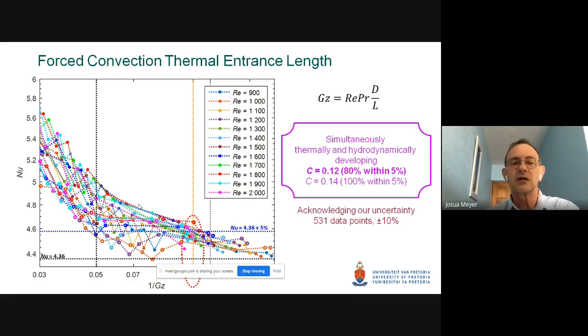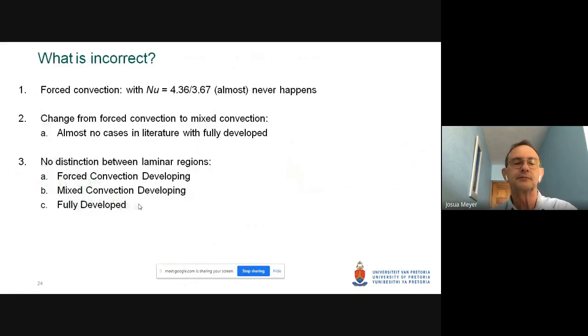Yeah, so it shows that with a value of 0.12, only 80% of our experiments were within 5% of the Nusselt number equal to 4.36. If you want to be 100% sure, then rather use a C value of 0.14 and not 0.05. Next slide, please.